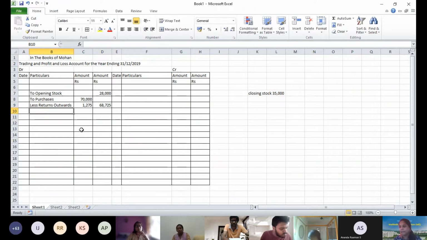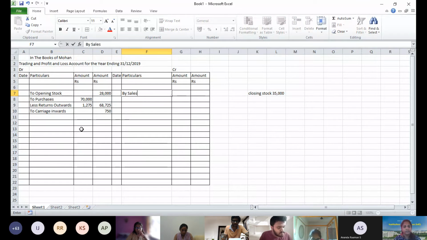After that, what other thing is there in your trading and profit and loss account? Is carriage inward there? Carriage inwards, how much is the amount? 750. Anything else? On the trading account credit side, there is sales. What is the sales amount? 1,27,000.